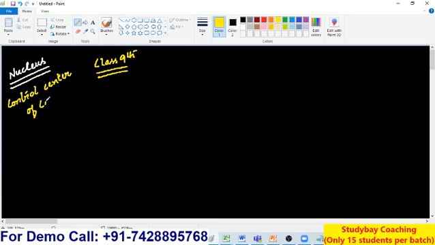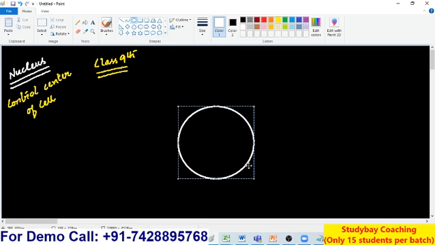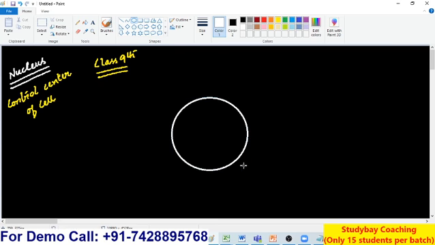Now let's discuss the parts and structure of the nucleus. First of all, it is small, spherical or oval in structure. So let me draw the structure of this nucleus.